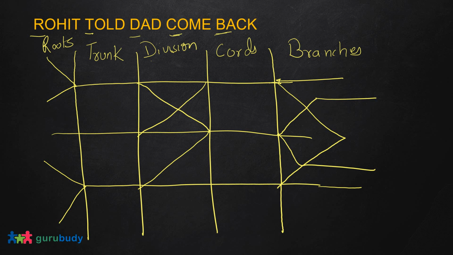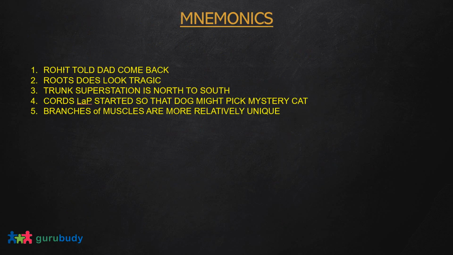Okay, so what next? We have seen the basic structure of the brachial plexus, and now, starting with the roots, we are going to first name the roots and then see what nerves originate from them. For the roots we have the second mnemonic we saw previously: "Roots does look tragic".